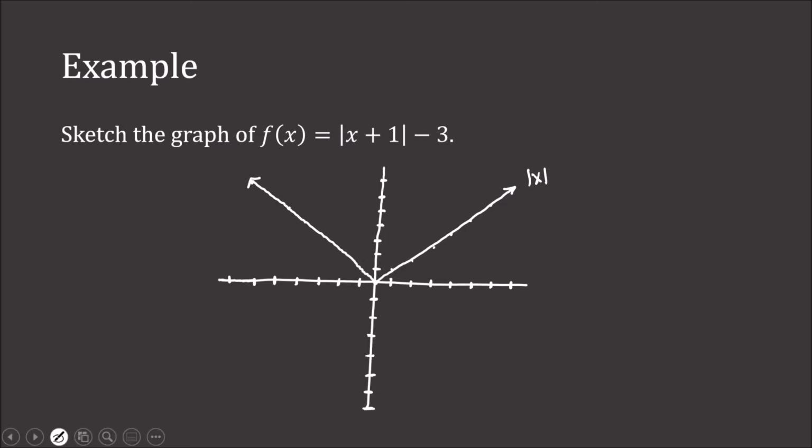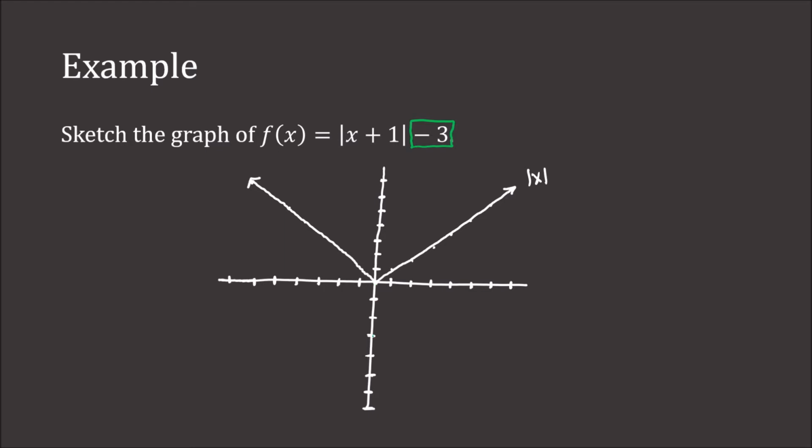Now, let's go ahead and subtract 3 from it. While subtracting 3, this piece right here, we'll shift it downward by 3 units.